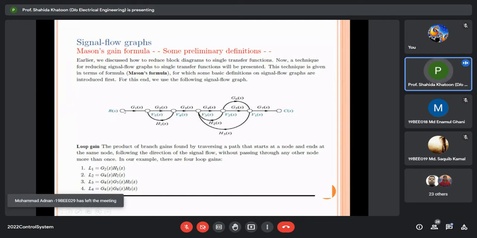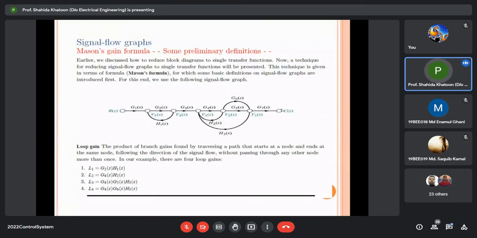You have to start from the input node and then traverse all the nodes in the way and come to the output node without traversing any node more than once. Okay, so this one is the first forward path. G1, G2, G3, G4, G5, G7. Okay, so first forward path is this.